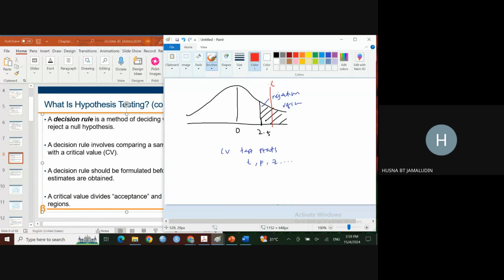What will you say? You will say reject H null. But if your T statistic or test statistic falls outside the rejection region, what will you say? Do not reject the H null.